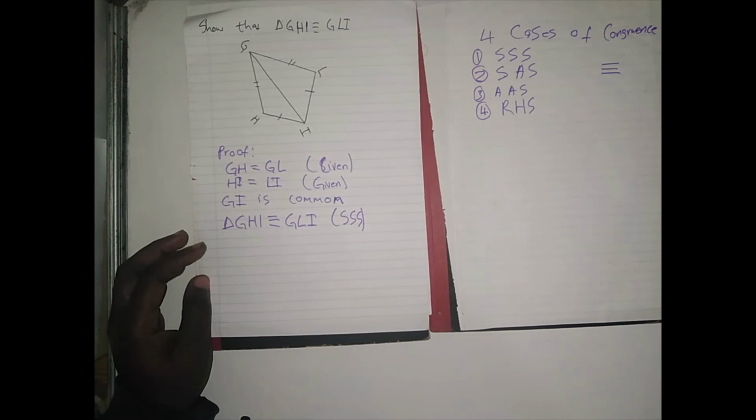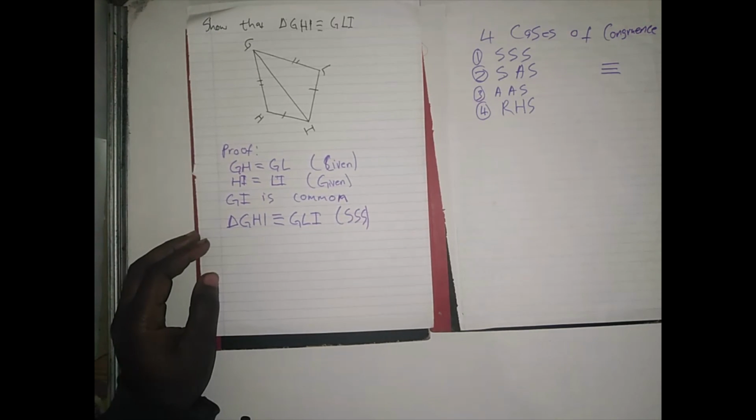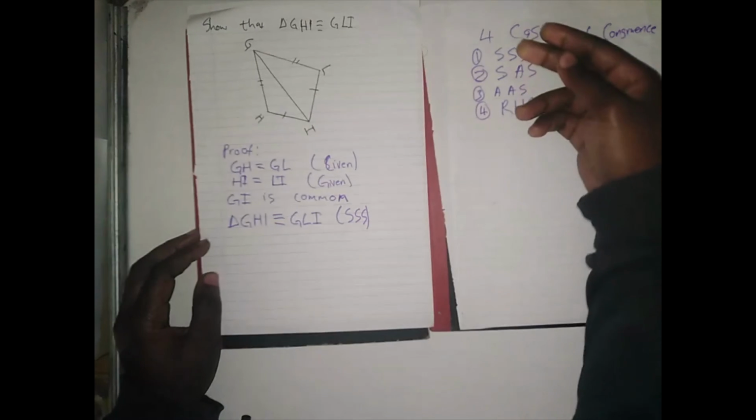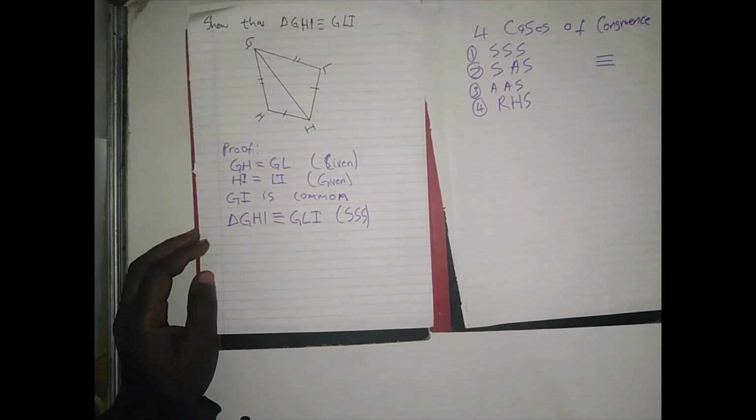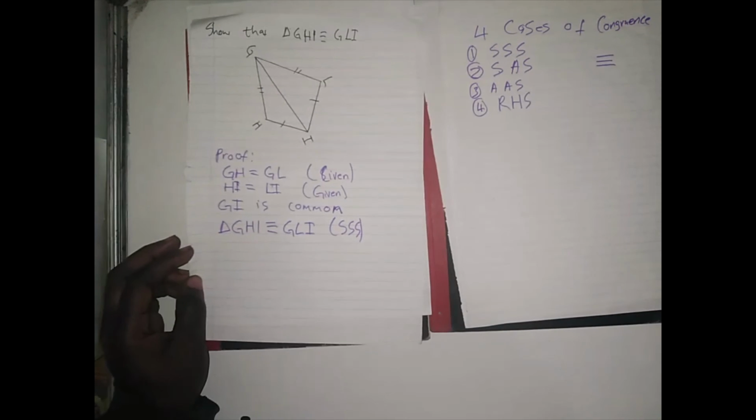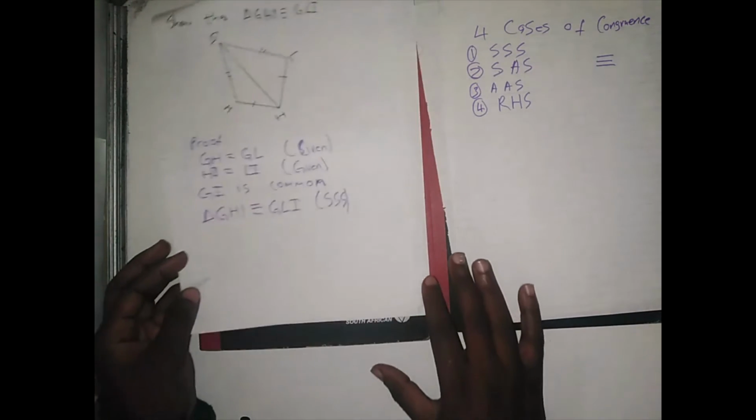If you don't look at them properly, you can think that they are not equal in shape and size, but when you look at them closely, you can see. So in that case, you have to look at the features that you are given and how you can align them to the four cases of congruence. Ladies and gentlemen, this is congruency.